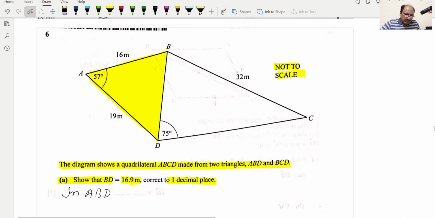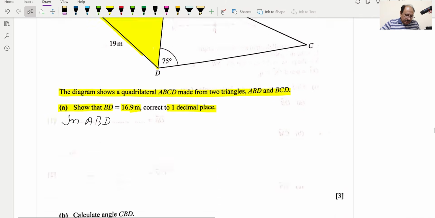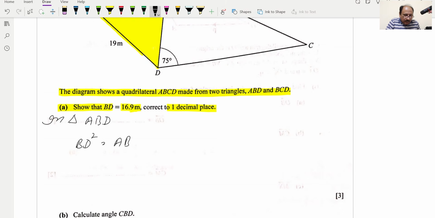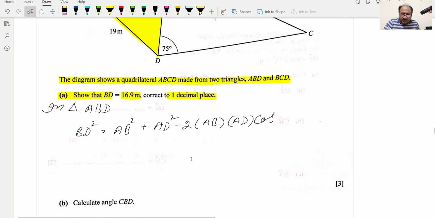So in triangle ABD, BD squared is equal to AB squared plus AD squared, two sides squared, minus 2 into one side into the other side into cos of the angle, which is 57 degrees over here.